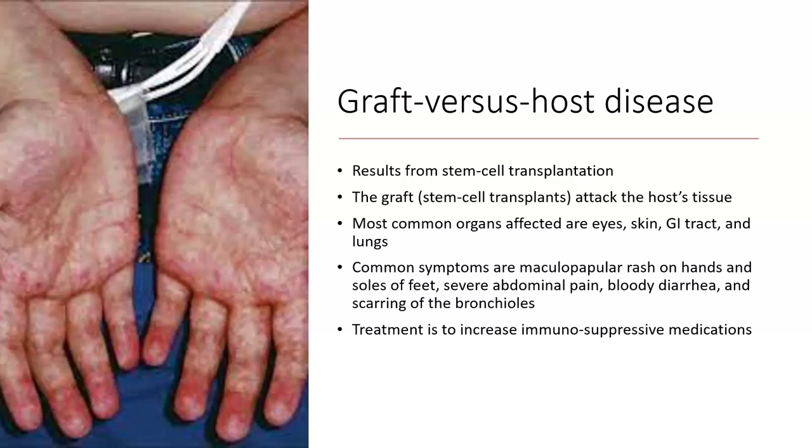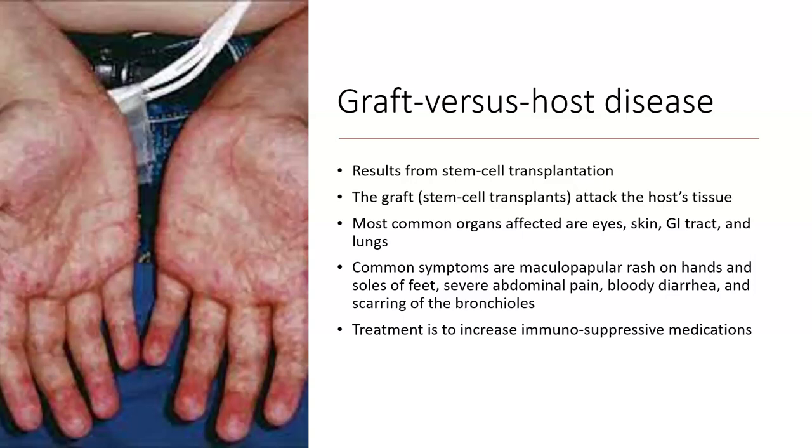What you will see is a rash on the palms of your hands and the soles of your feet. Okay, so it's very rare on non-hairy skin to develop rashes, but that's exactly what you'll see in graft versus host disease. So common symptoms, this is an example of a maculopapular rash on the hands.